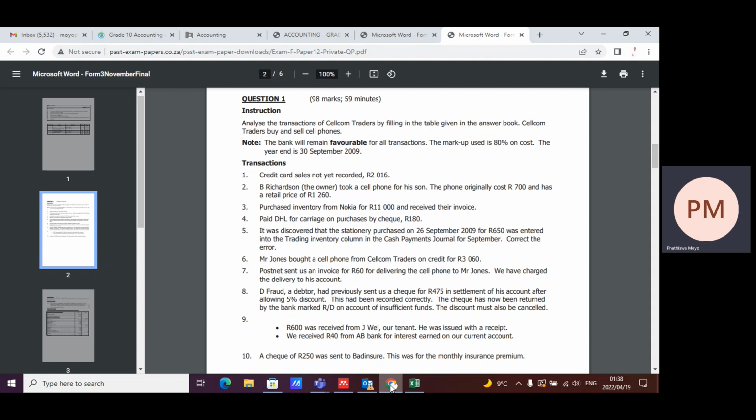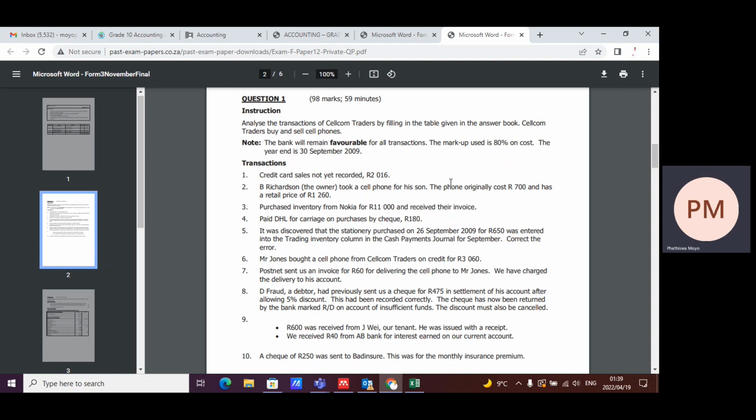Okay, B. Richardson, the owner, took a cell phone for his son. So remember, in the theory, we did something called drawings. We didn't really explain it. Drawings, it's when the owner, a sole proprietor, takes inventory or cash for personal use, not for business use. So this is drawings.